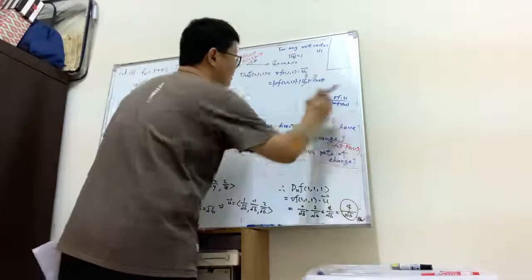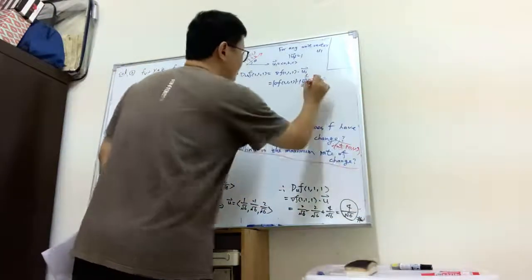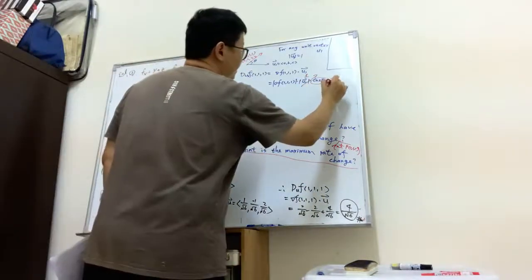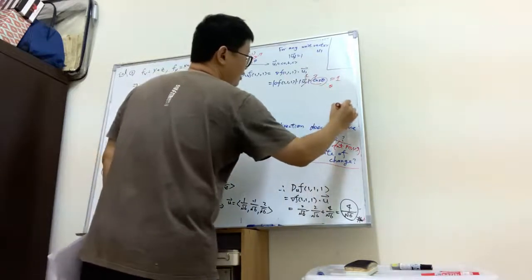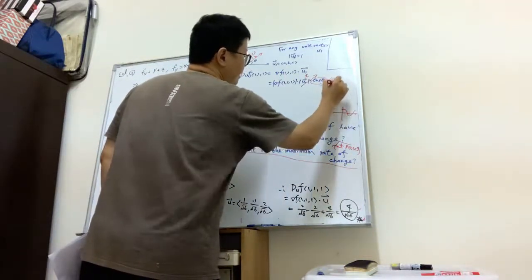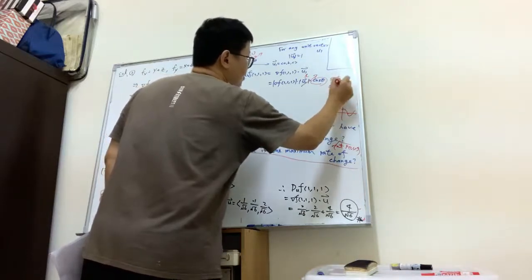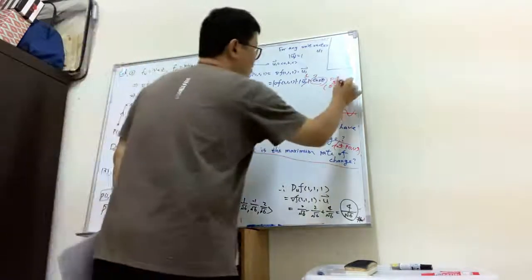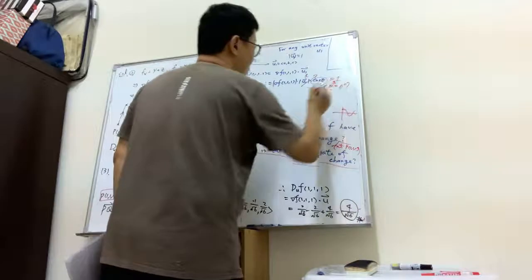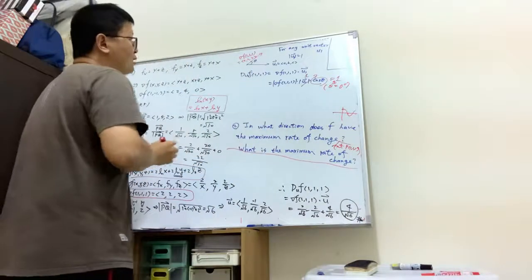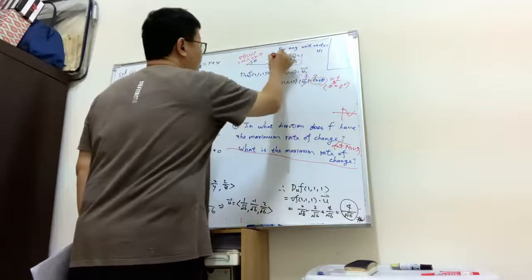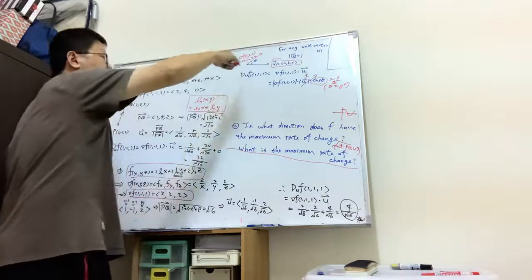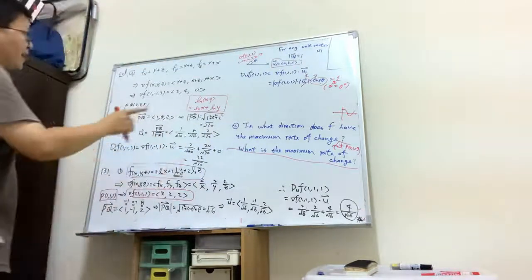So for the maximum, cosine theta should equal 1. Right? And when does this happen? Cosine theta equals 1 if and only if theta equals 0 degrees. And what does it mean? It means the unit vector I choose could just be the vector in the direction of its gradient.